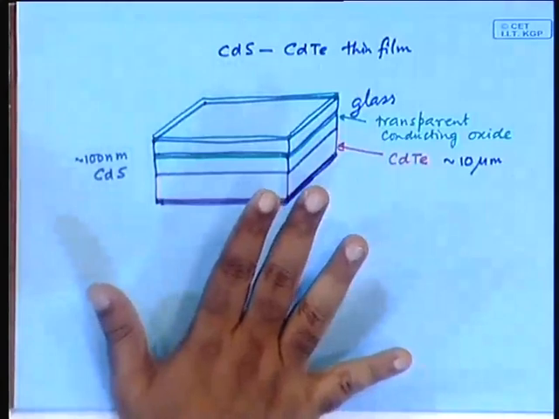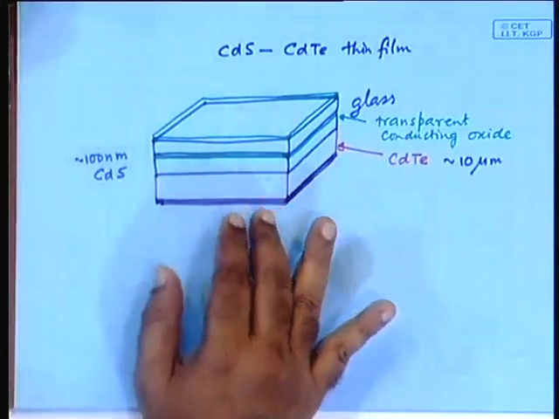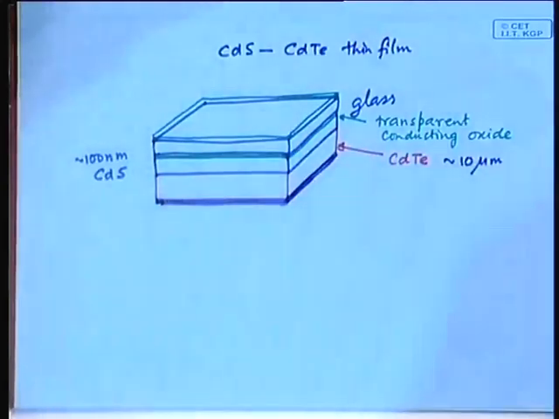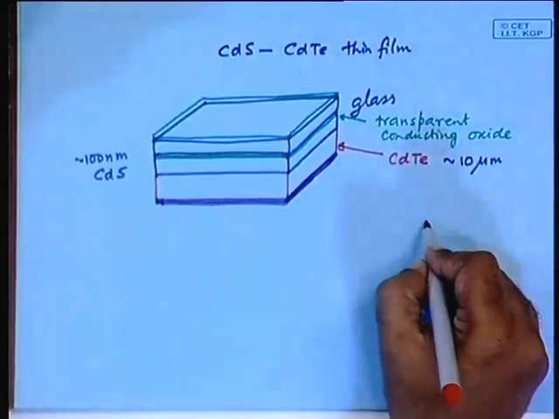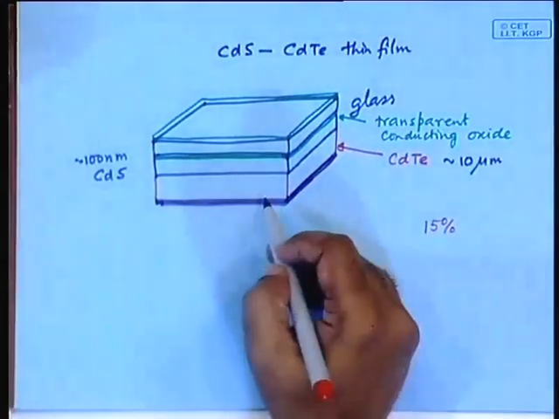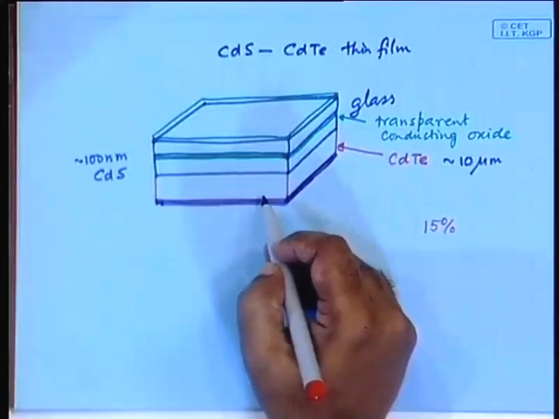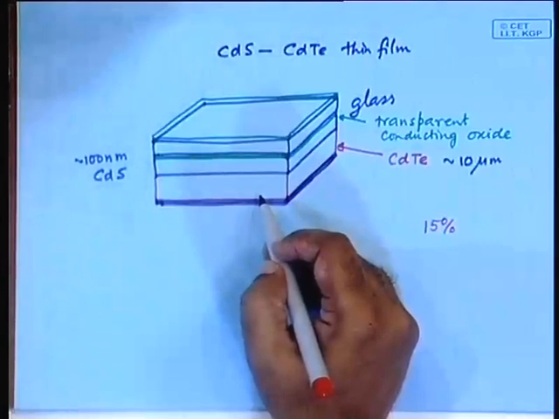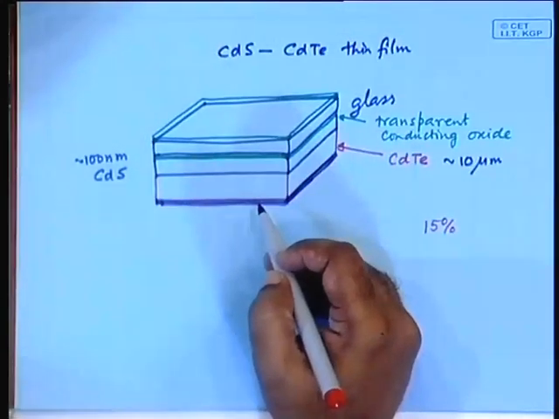So, this kind of materials are actually considered nowadays for thin film solar cells. Its efficiency has gone up to something like 12 to 15%. So, approximately 15% efficiency has been achieved with these cadmium sulphide solar cells, while in case of amorphous silicon thin film solar cell, we have not been able to achieve efficiency more than 10%.